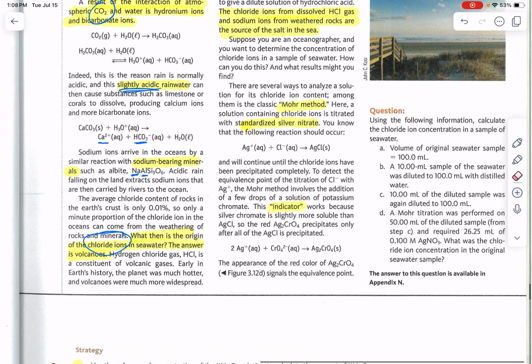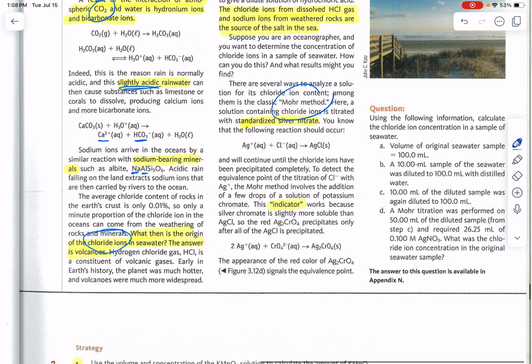And we could use the Mohr method, which we talked about in a previous screencast, to try to find out the concentration of ions in ocean water. For example, in this case, we can find the concentration of chloride ions by titrating it against a standard silver nitrate solution, because it'll make a solid of silver chloride, which we can precipitate out.